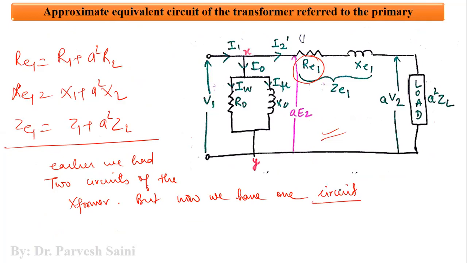Now how did it become possible? Because what we have done, we have merged the two circuits into one by considering the equivalent referred values of the secondary winding into the primary winding.